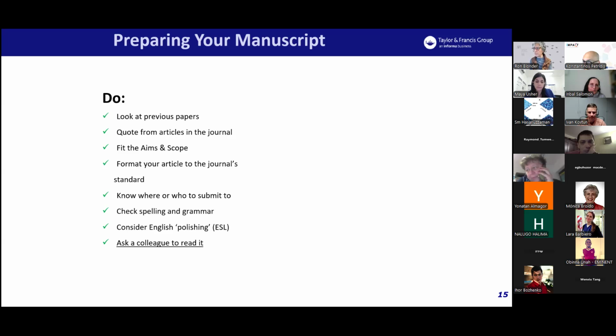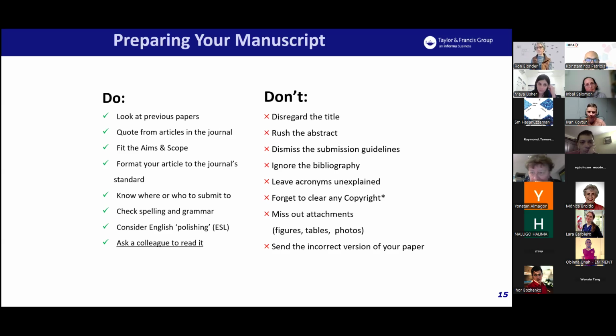So if English is not your first language, if English is your second language, like mine, send your manuscript to English editing before you submit, not after you are accepted, before you submit. And also ask a colleague to read it and comment, because an external eye sees things that you are not able to see.